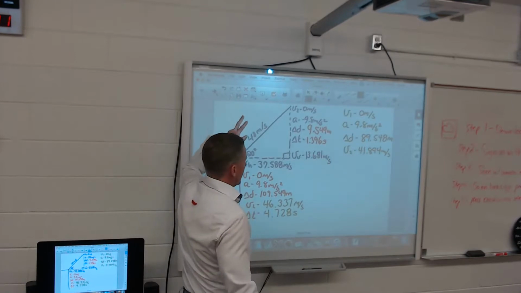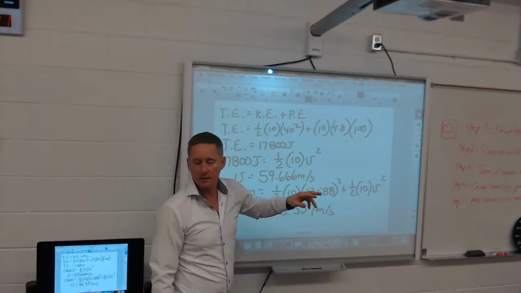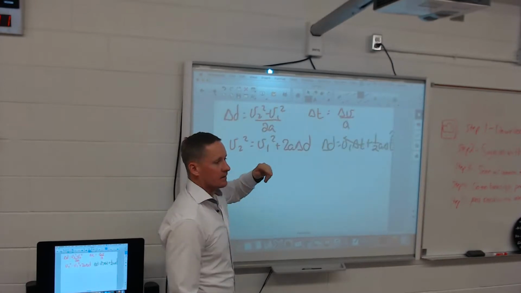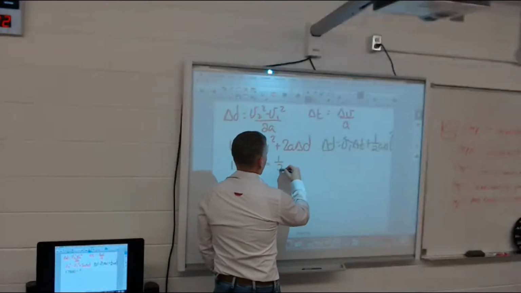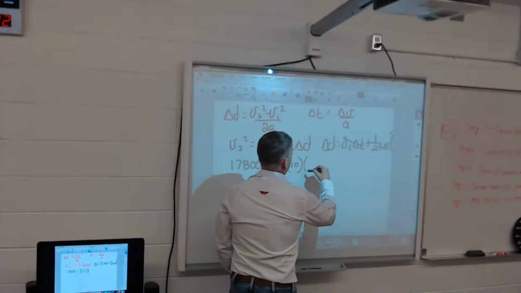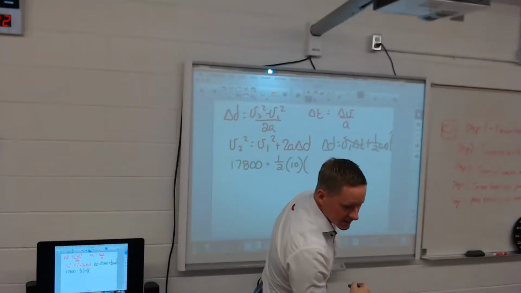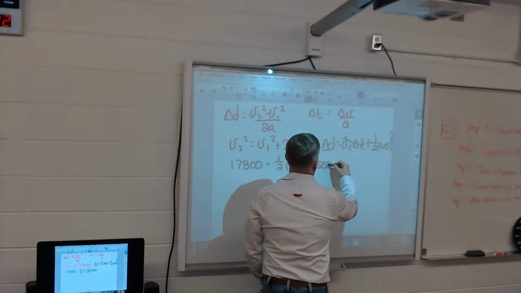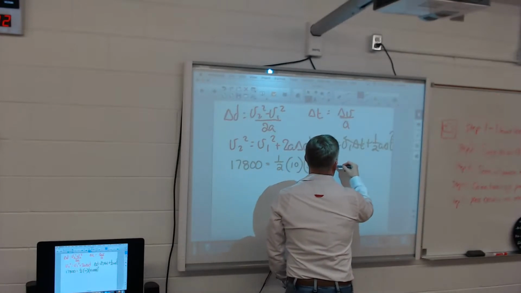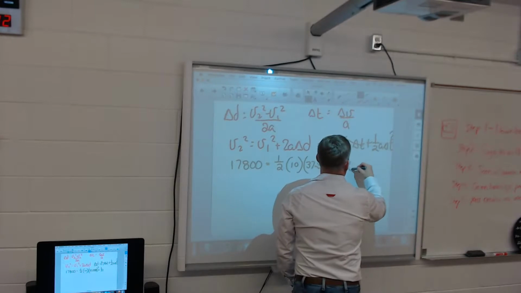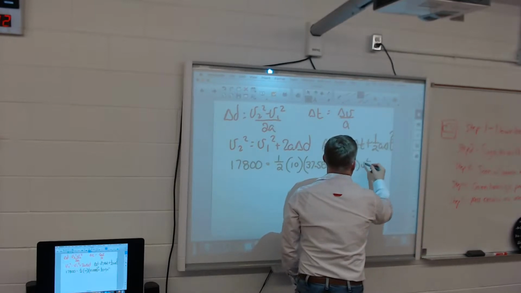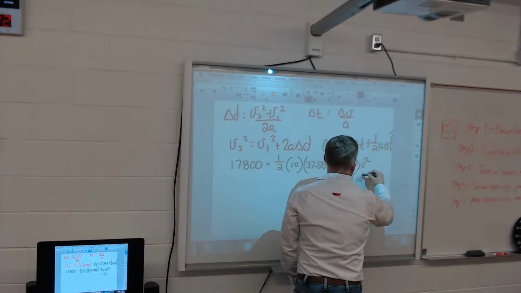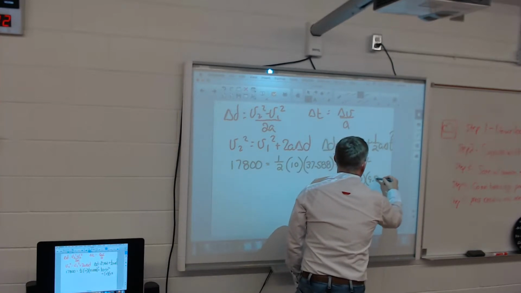Now, go back over to here and let's do this again. The velocity is... So I go 1/2 times 10 times 37.5 squared, plus 1/2 times 10 times v squared, and now it's going to be plus 10 times 9.8 times 20.